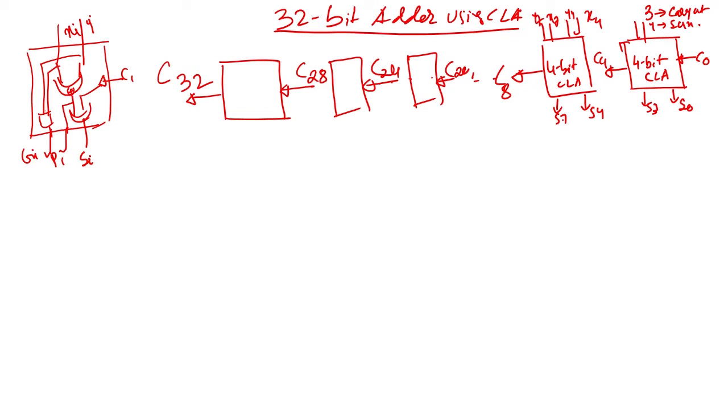The last one will be x28, y28 to x31, y31, so 0 to 31, 32 bits.